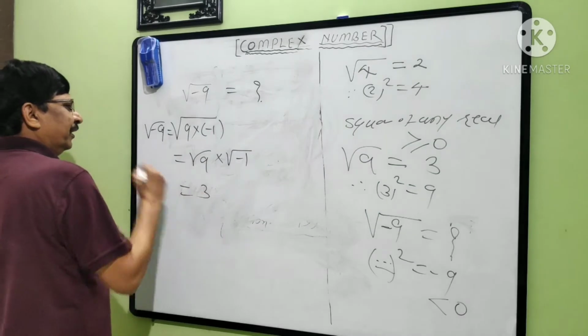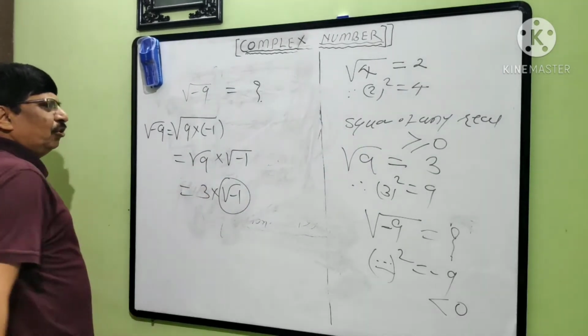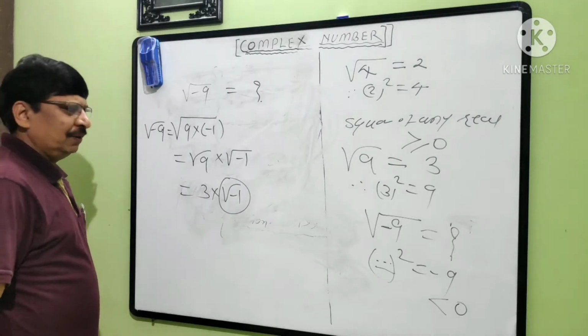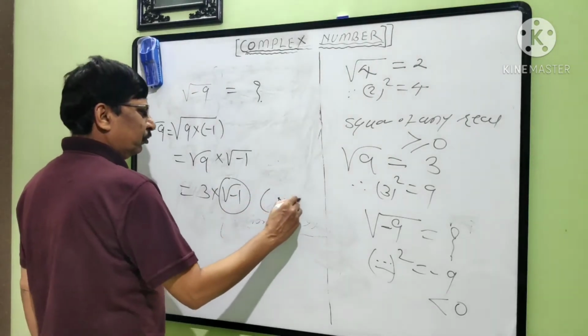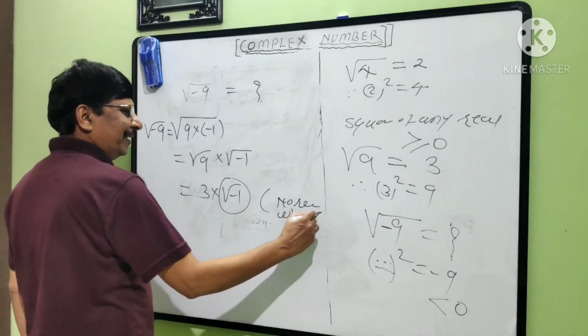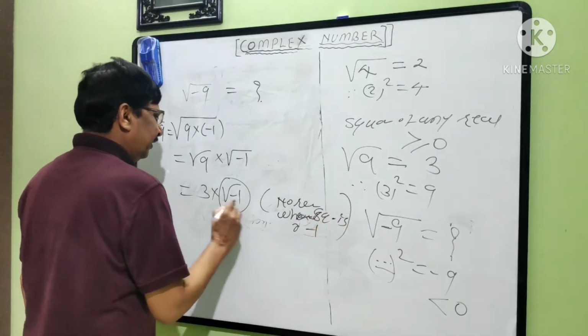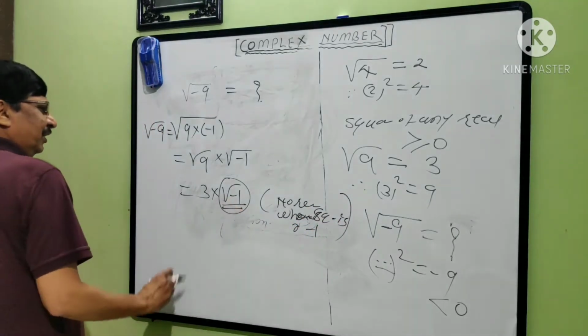We can separate it: root 9 is a real number. What about root -1? There is no real number whose square is -1, so it is not a real number.